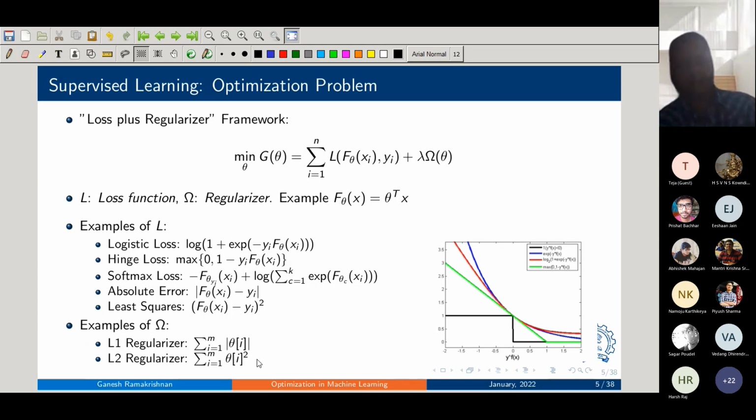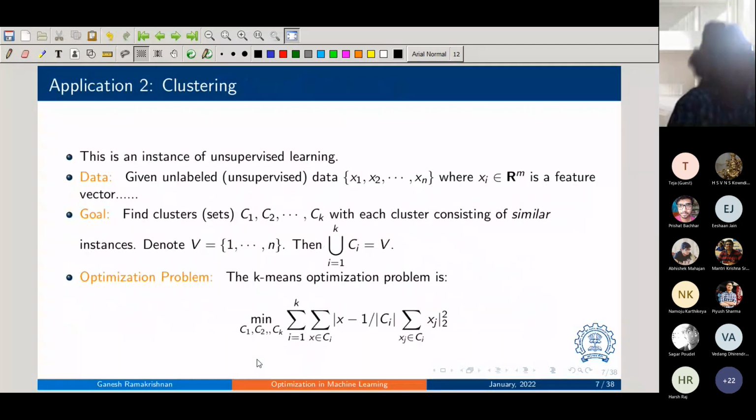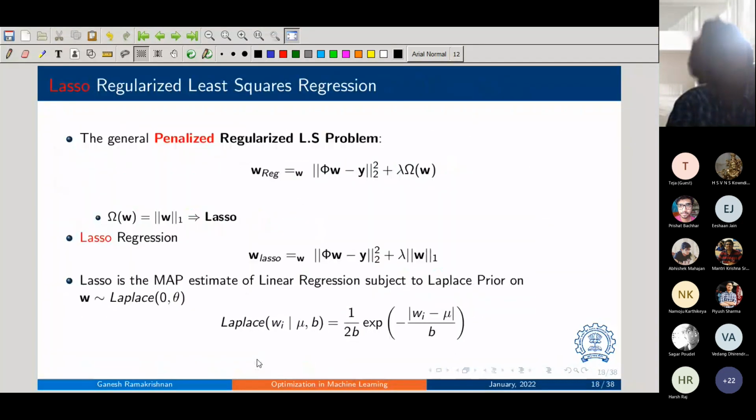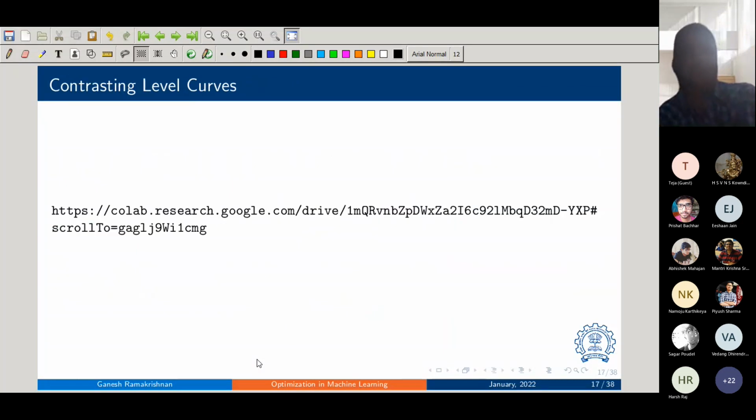And I'm going to demonstrate that through some simple Colab notebook. But before we complete that story, let me go to the extra optional slides at the end. So I'll be showing you this contrasting level curves of the L1 and the L2 norms.